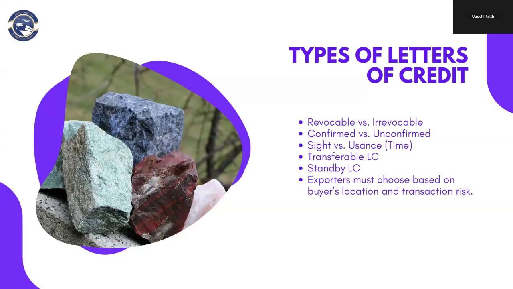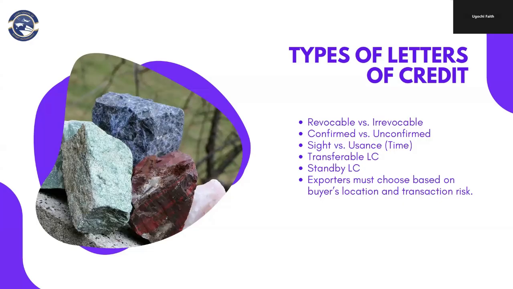We have sight LC and we have usance. That sight letter of credit is more like when your document has gotten to the buyer and the buyer is able to sight the document, the payment on the letter of credit is paid to you.